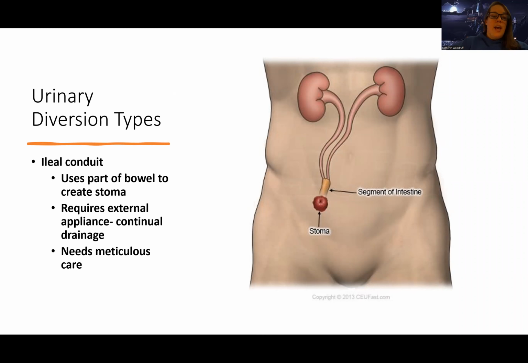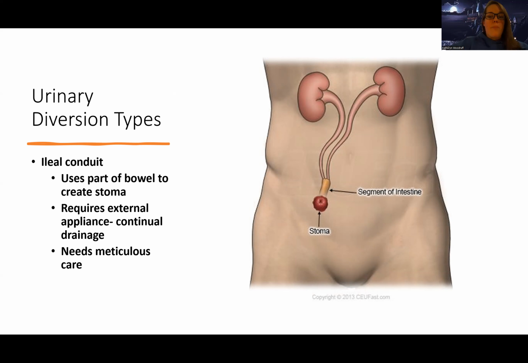The reason is we need something that has more structure and support. The urinary tract is very thin and very flimsy, so it doesn't stand up well on its own. So we take out a part of the bowel, connect it to the two ureters, and create a stoma, a new way for urinary elimination.